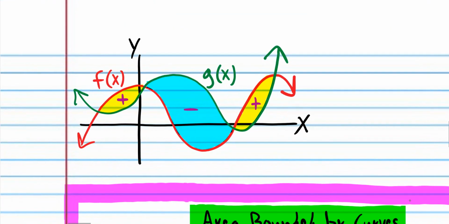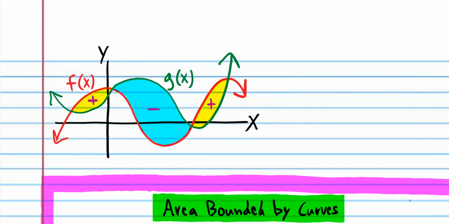Because if you add the yellow area and the blue area, the result that you get is not going to be the actual area of the yellow and the blue regions, because the blue area is negative. Okay, and this is assuming that we're using our formula f of x minus g of x from a to b.